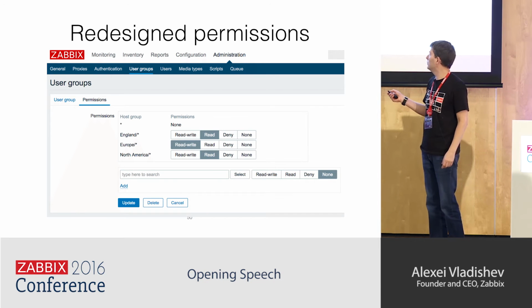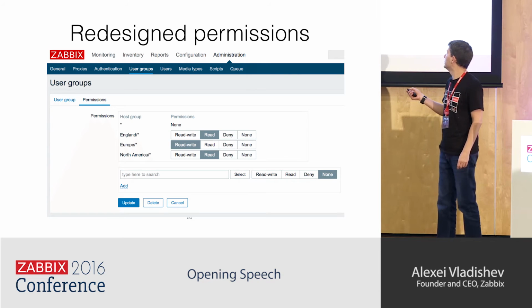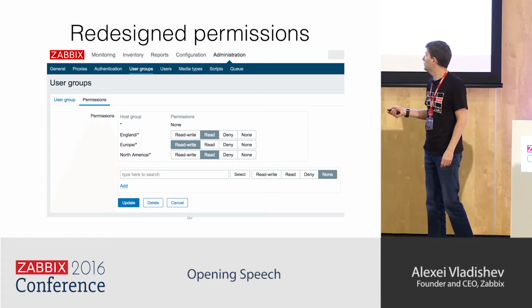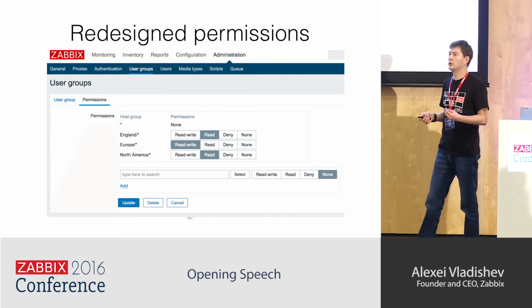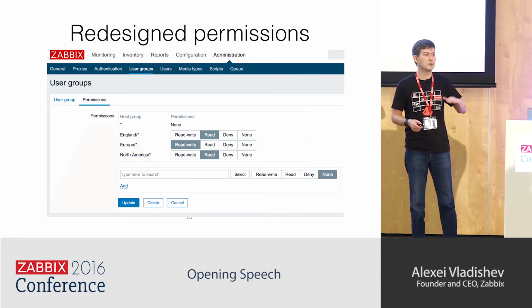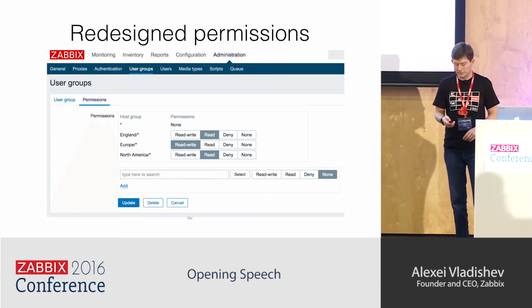Like in this case, Europe read-write, England read, North America read. And now this view, I believe, is much easier to understand. It's just a simple list of all permissions we have for the user group.